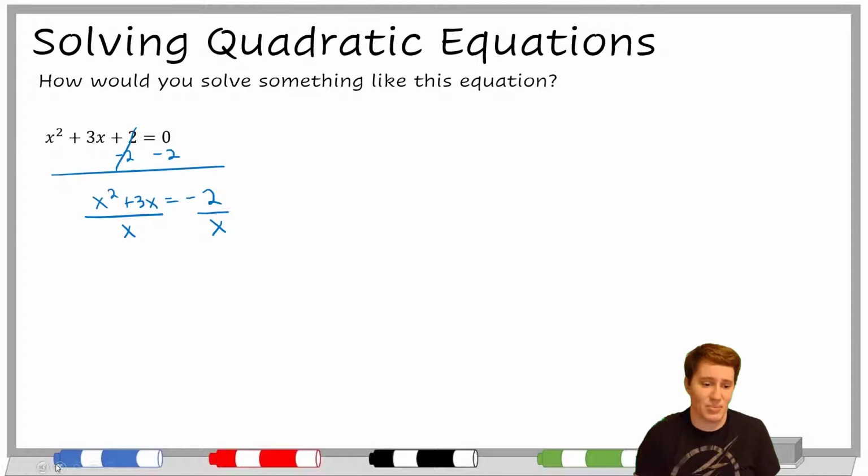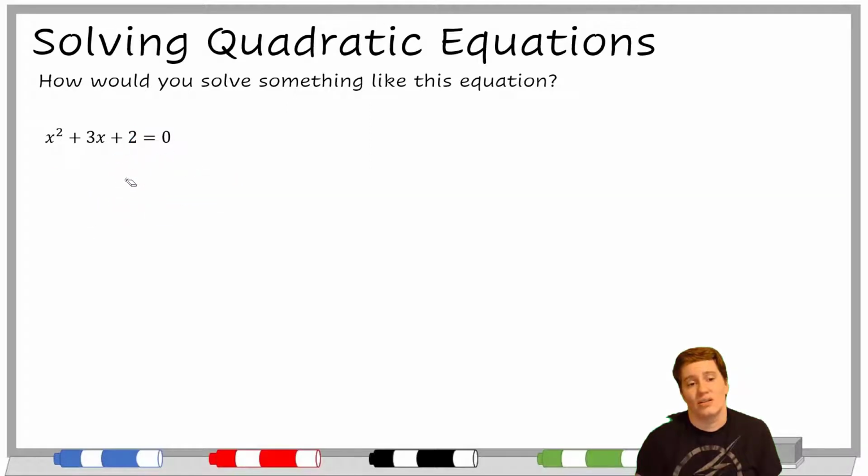That's not going to end up helping us, for one thing, because it gives us negative 2 over x over here on the right side, and what are we supposed to do with that? And so once we've kind of tried all the different things we can think of, we might come to the conclusion of, okay, well, we can't solve this the way we solve linear equations, but you may notice that this looks like something we can factor.